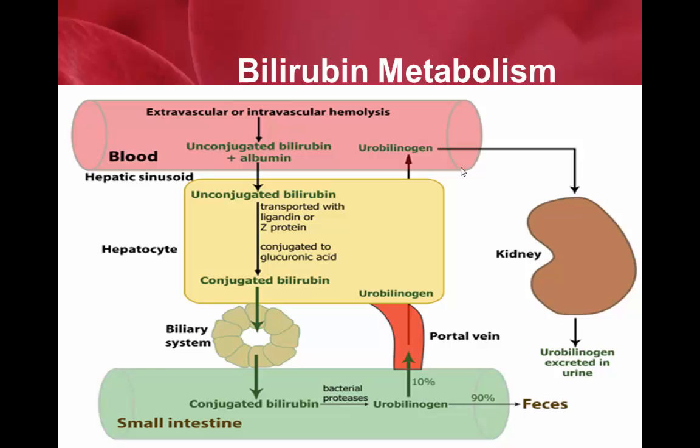Then after the bilirubin is combined to the albumin, it is transported into the liver and conjugated by glucuronic acid.